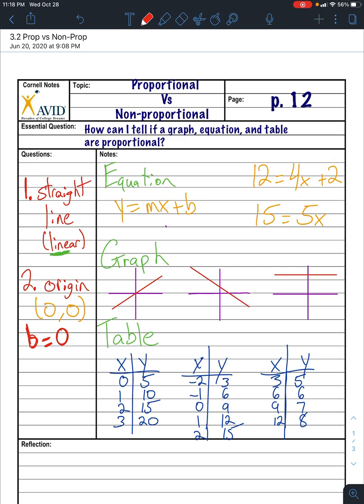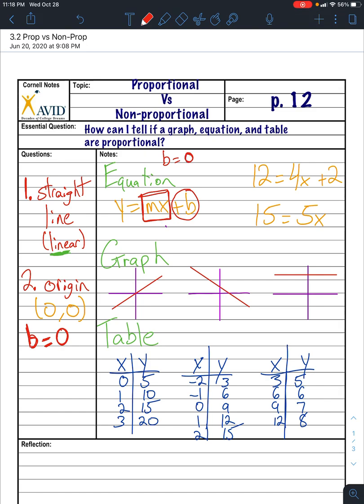So in this case, our first one, we're going to have y equals mx plus b, right? So here, we're going to box our variable just like we always do. And here we have our b, or our y-intercept. So the only way this is going to be proportional is if b is equal to 0, or it's not there.